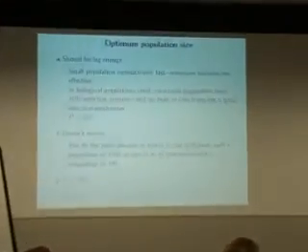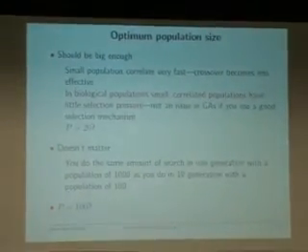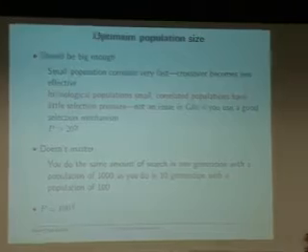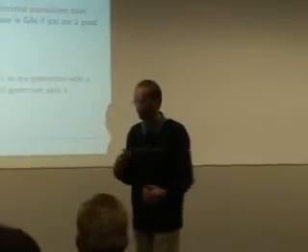Okay, and that means that small populations tend to do random drift in biological populations, and that was Sewall Wright's argument that small populations are actually good because you want to do random drift.